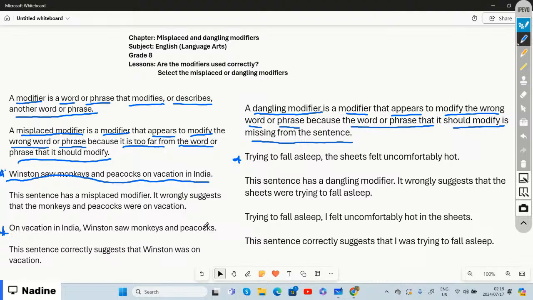And a dangling modifier is a modifier that appears to modify the wrong word or phrase because the word or phrase that it should modify is missing from the sentence.